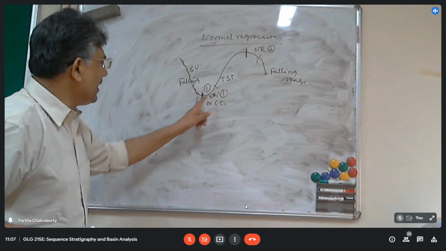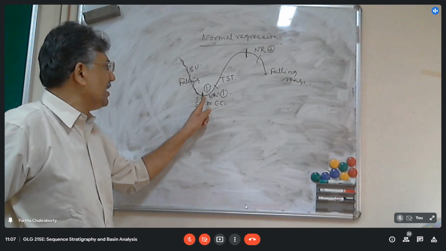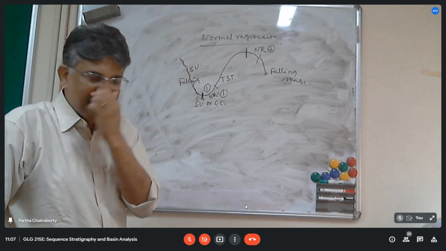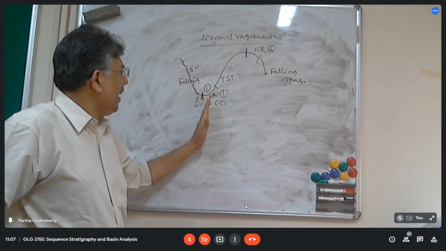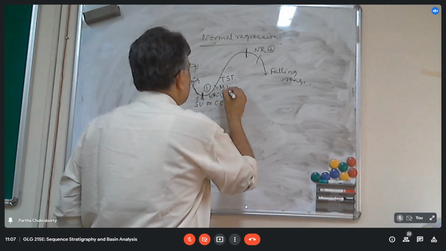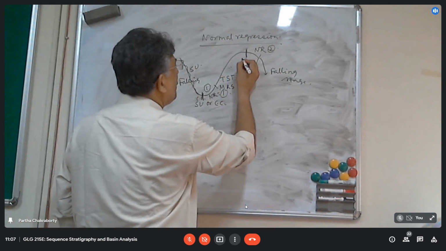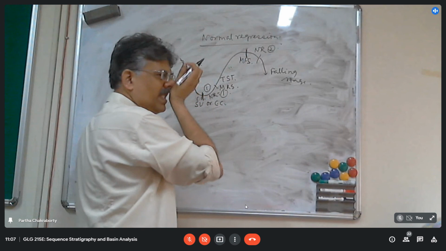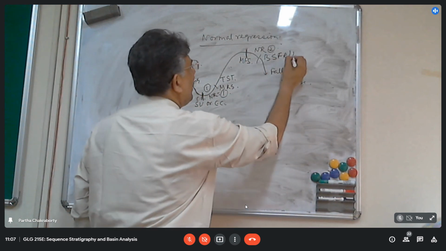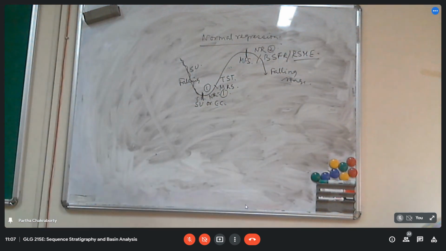Now, it is topped by MRS and topped by MFS, and topped by the basal surface of forced regression, BSFR, or the regressive surface of regression.